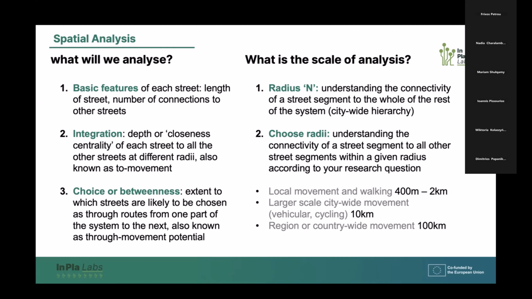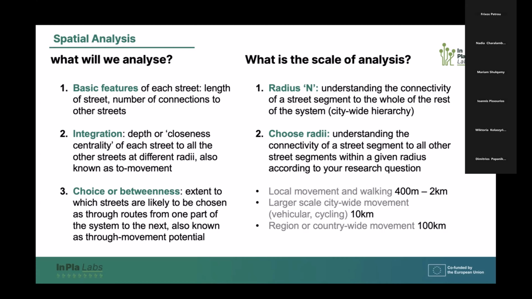It is also known as to-movement potential. And the second key measure is choice, or betweenness, which refers to the extent to which streets are likely to be used more and chosen as a route from one part of the system to the next, also known as through-movement potential.